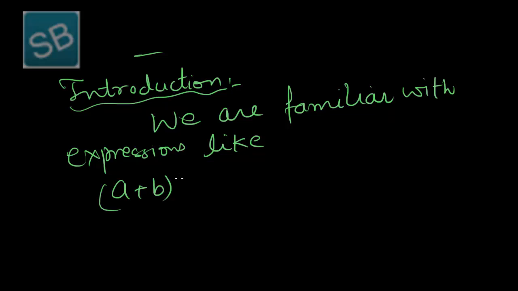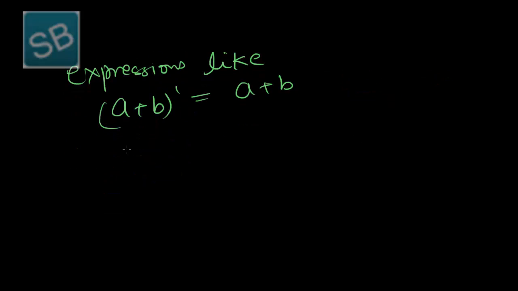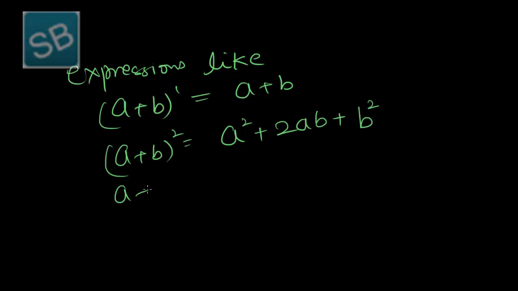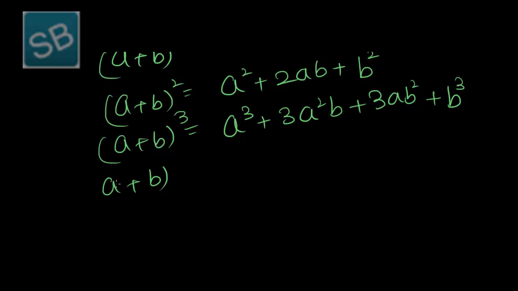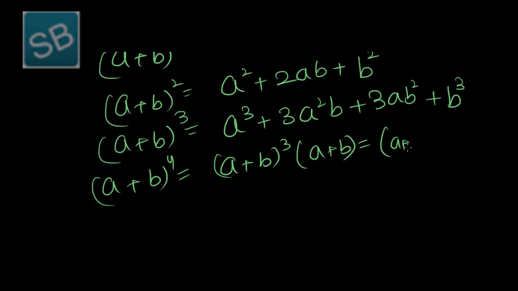a plus b to the power 1 is a plus b, and a plus b whole square is equal to a square plus 2ab plus b square, and a plus b whole cube is a cube plus 3a square b plus 3ab square plus b cube, and a plus b raised to power 4 can be found out by using a plus b whole cube into a plus b, or either a plus b whole square into a plus b whole square.